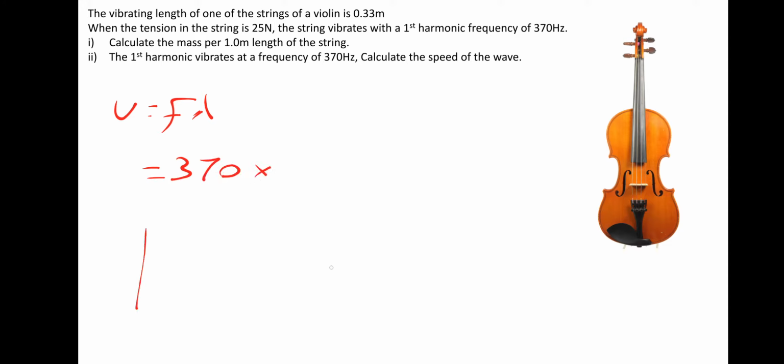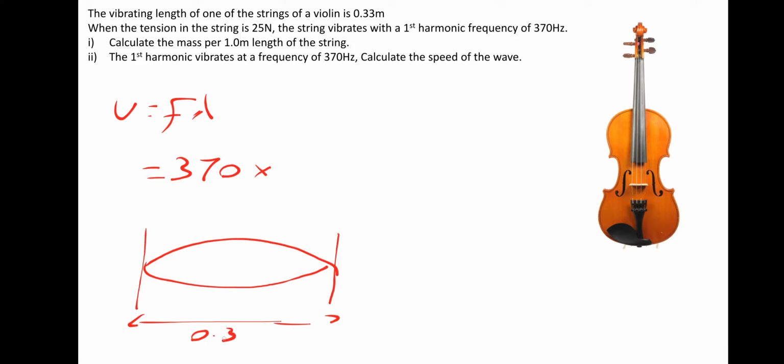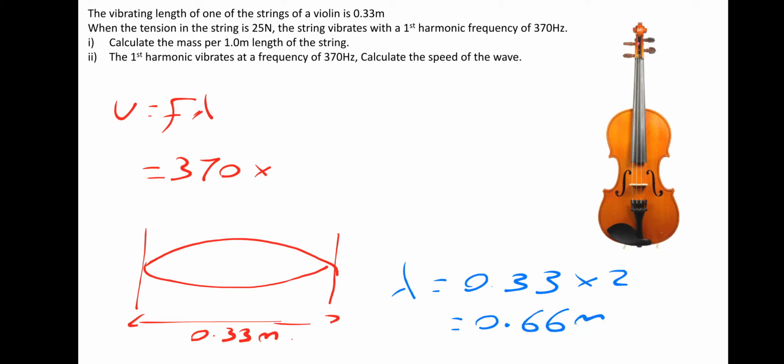So we have to be careful with this because what we've got is the first harmonic at 0.33 meters. And you can see from the diagram that that's half a wavelength. So the full wavelength would be 0.33 times 2, which is of course 0.66 meters.